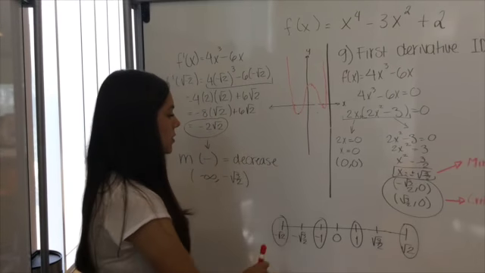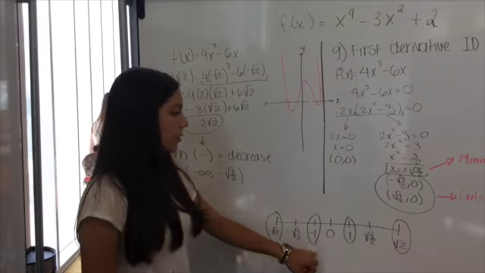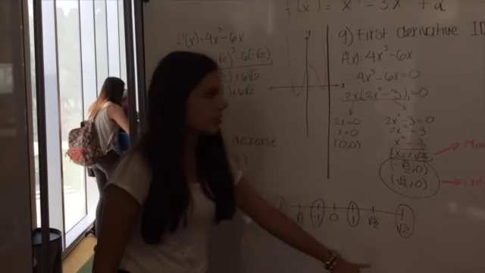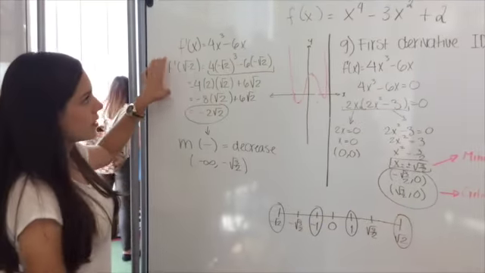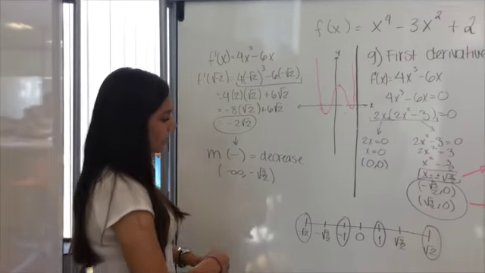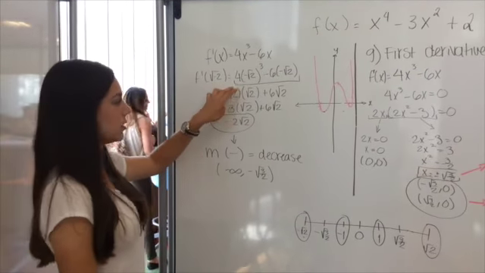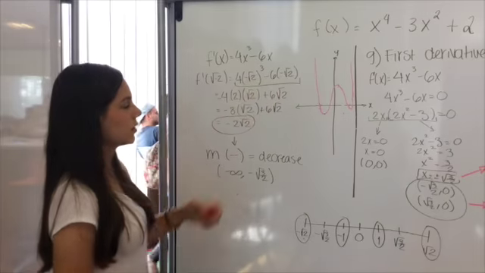So from our points, we are going to choose 4 values: minus the square root of 2, minus 1, 1, and the square root of 2. We take our first derivative function, take the first value, and substitute it in the function.